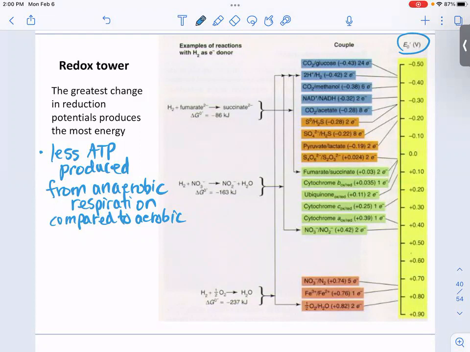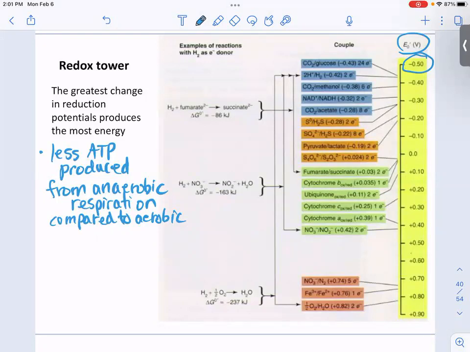That E0 prime, we pronounce E naught prime. Basically, if that voltage is very negative, that means some molecule really wants to give up electrons. If E naught prime is positive, then those molecules really want to gain electrons.